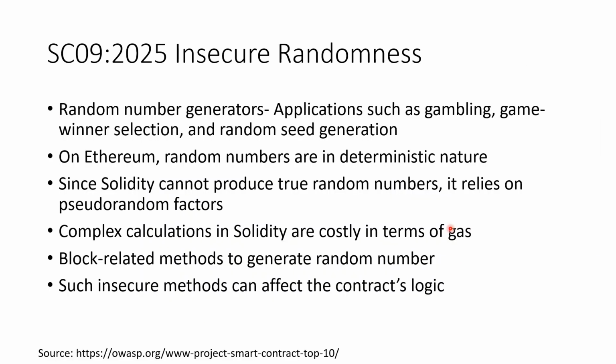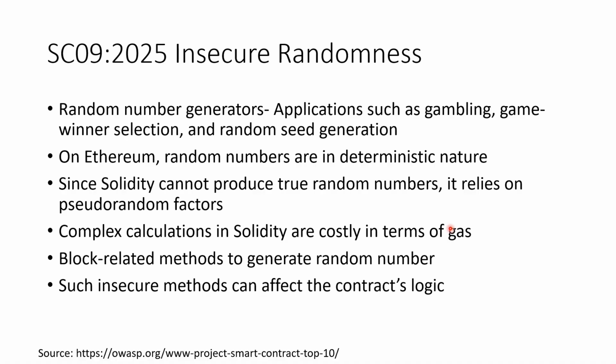Insecure randomness. You know that randomness is widely used in gambling and game winner selection, because there the numbers produced should be unpredictable. But in theory, we have already seen that true random numbers are very difficult to generate.